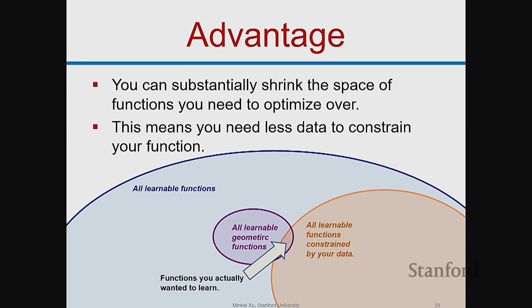Finally, your data constrains your model to some subspace, but it is still very large. But here, what we want to do is constrain your neural network to be just the invariant functions. You significantly constrain the function space you explore. And hopefully, you can effectively learn what you want.